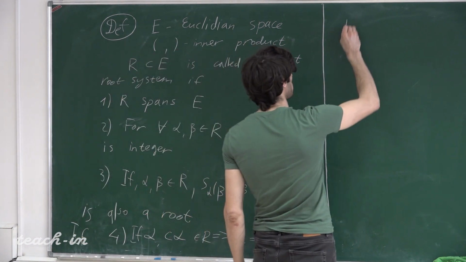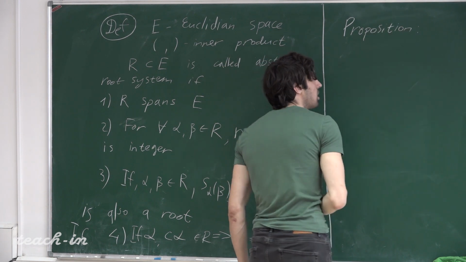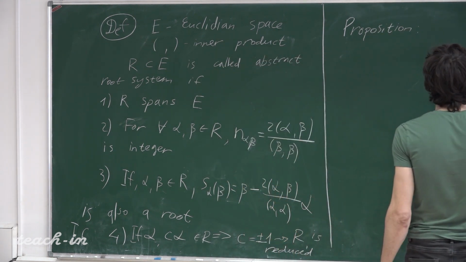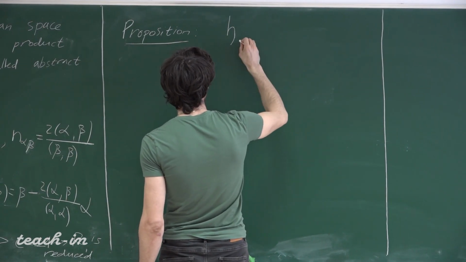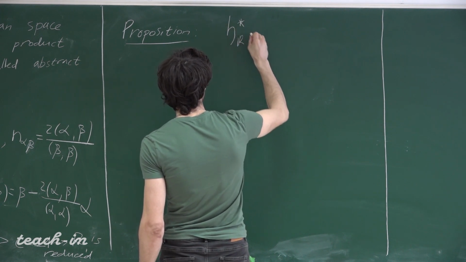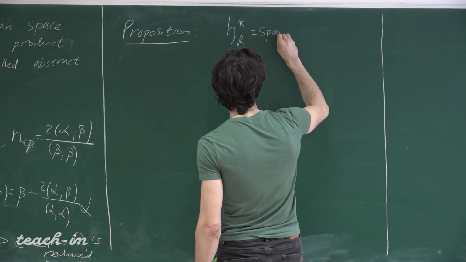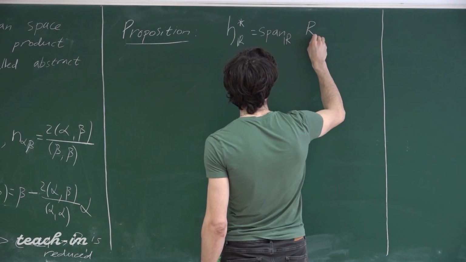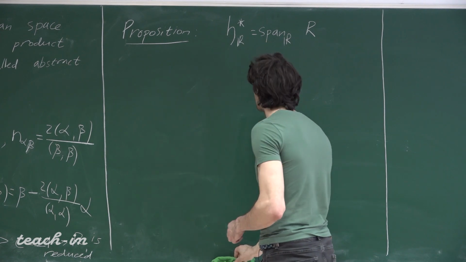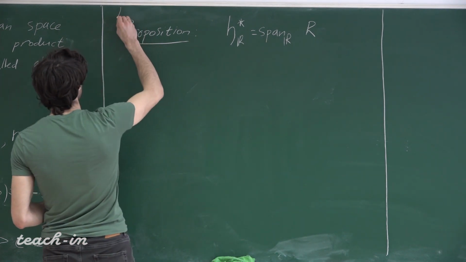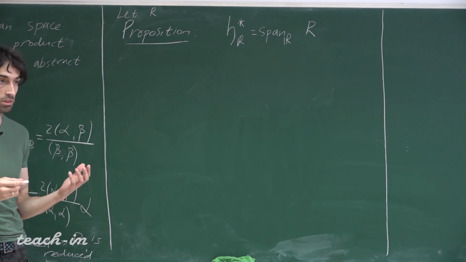And our proposition was the following. We considered the real span of roots. So now let me take R to be the root system of a semi-simple algebra.